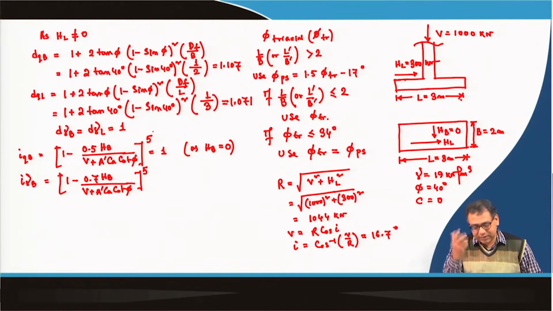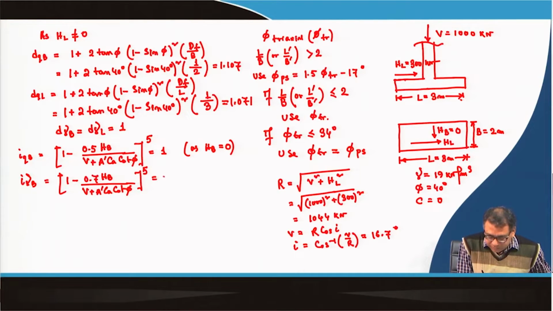But as I discussed in the previous class, some researchers have suggested using a lower value. But only if it is mentioned in the question or example problem, with the range given, will I use that. Otherwise, I will go with the original one, which is 5. So this is equal to 1 as HB is equal to 0.